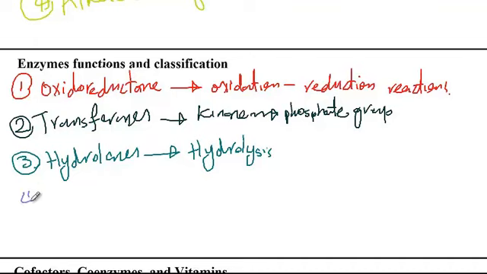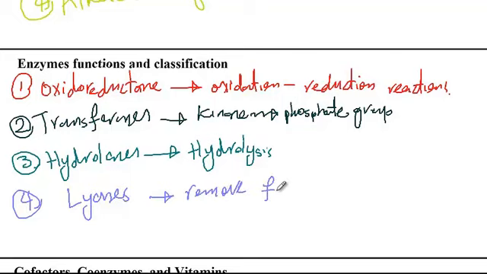Number 4, we have lyases, which will remove functional groups. So you know how transferases were adding functional groups, here lyases will remove functional groups. One example is the decarboxylase enzyme, which will remove the carboxyl group.